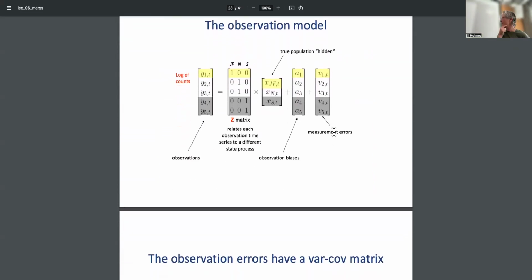So this is where we get that Z matrix going. This is going to be that perturbation matrix. It's going to tell us how observations line up to our hypothesis about the population structure, this hidden population structure.